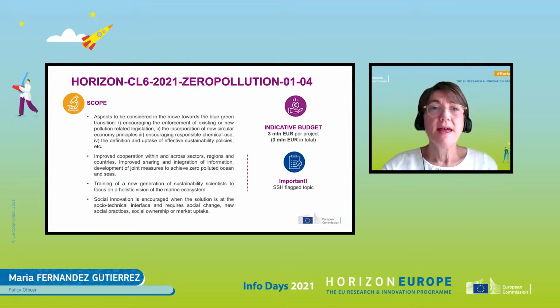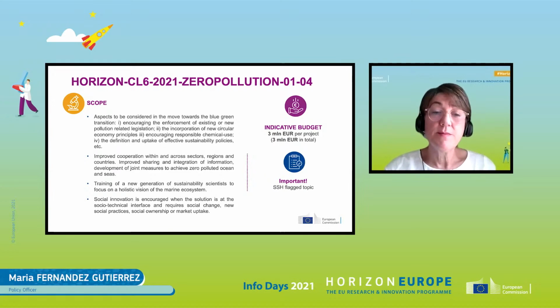On the scope, this is what the proposals should consider to move towards a blue-green transition. And this includes aspects like encouraging the enforcement of existing or new pollution-related legislation, the incorporation of new circular economy principles, encouraging responsible chemical use, definition and uptake of effective sustainability policies, etc. Also, improve cooperation within and across sectors, regions and countries, and improve the sharing and integration of information and the development of joint measures.